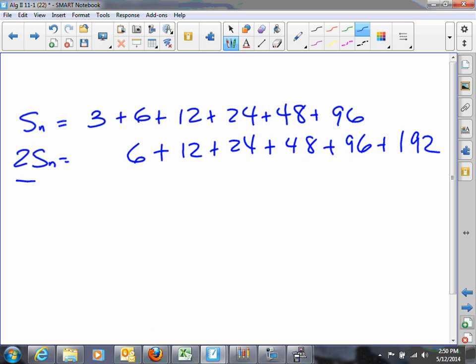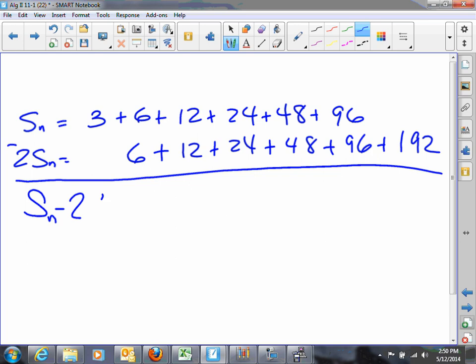Now, if we subtracted this second equation from the first equation, we would get s sub n minus 2s sub n on the left-hand side. On the right-hand side, we'd have 3, and then 6 minus 6 would be 0, 12 minus 12, 0, etc., minus 192.